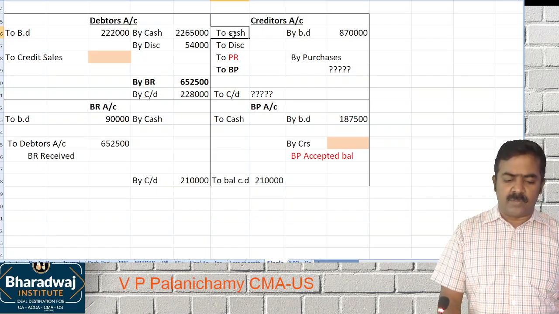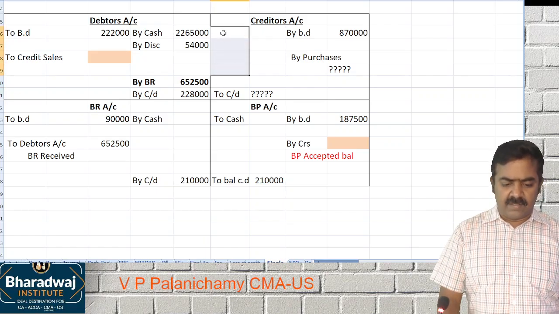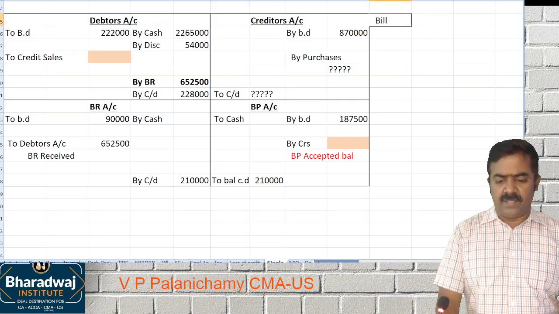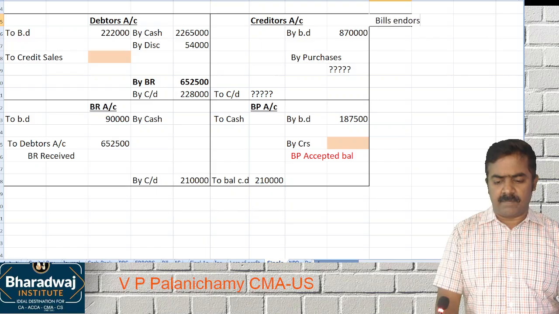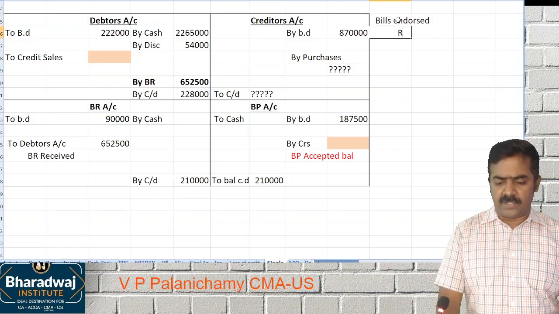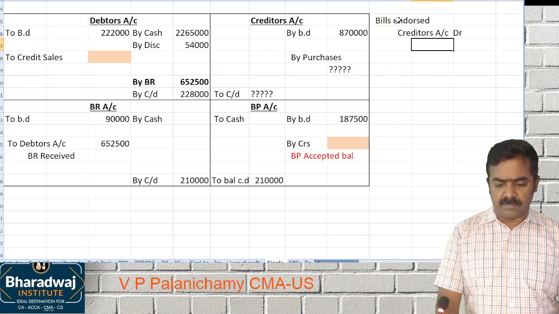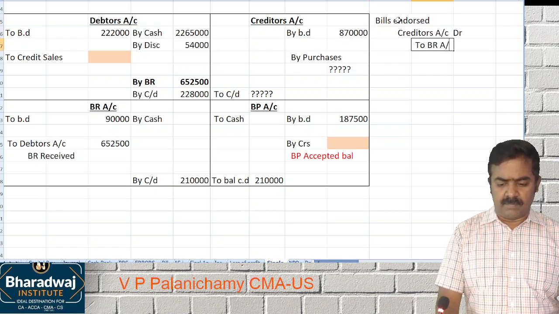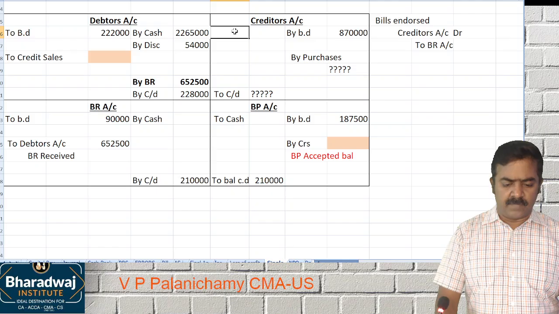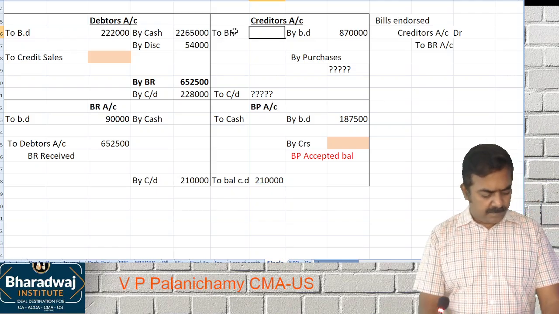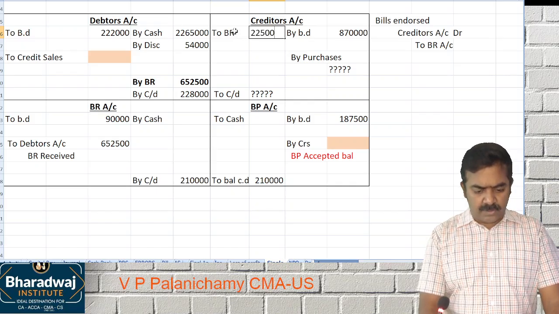Then bills endorsed. What is the journal entry? There's a doubt. Pass entry. Bills endorsed. Creditors account debit to bills receivable. How much to bills receivable endorsed? How much creditors level? 22,500.